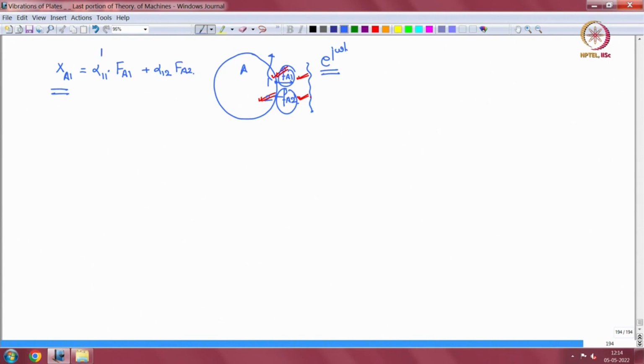Response at 1 due to a unit force at 1 multiplied by the force amplitude, plus response at 1 for a unit force at 2 into the force amplitude at 2.